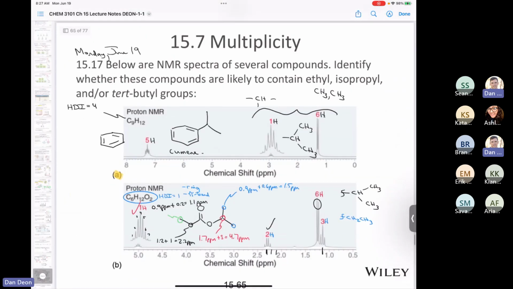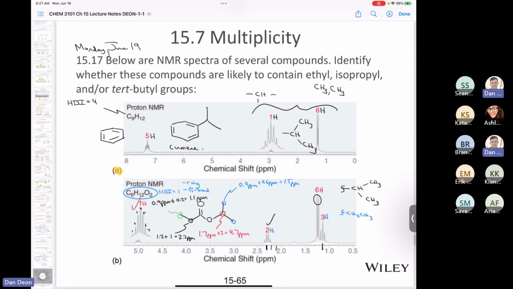All the way down here, we were actually able to incorporate HDI and the alkyl and aryl groups, and the functional groups and everything, and put together a structure that is consistent with the NMR spectrum. And this is something you're going to be asked to do on the quiz, on the final exam. If you want to take a MCAT, they're going to ask you to do all those kinds of things.